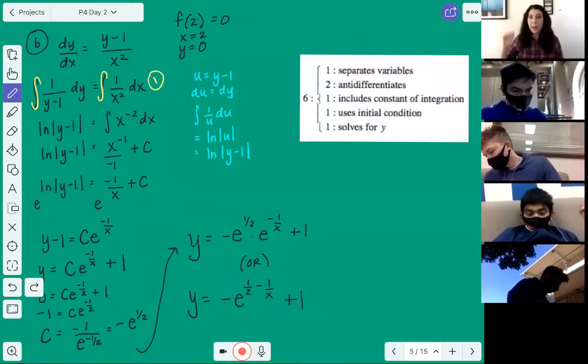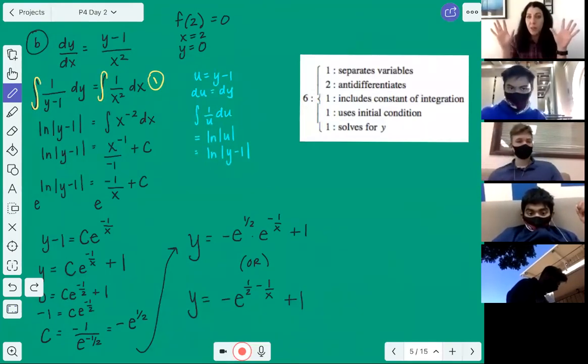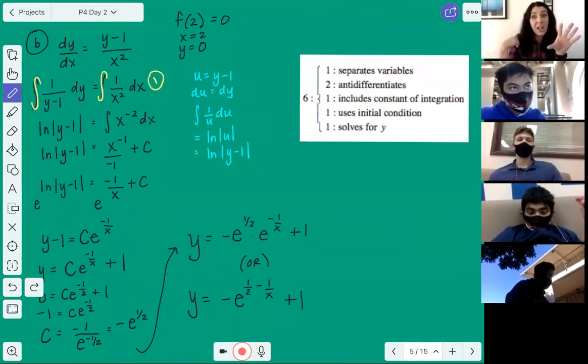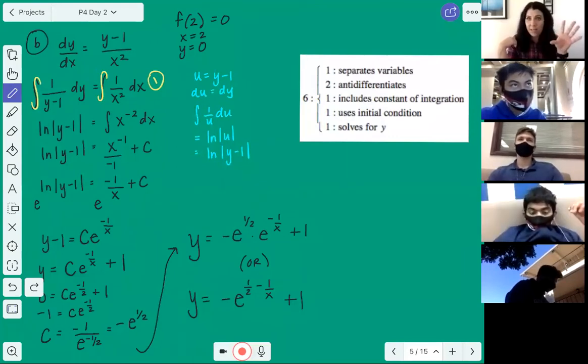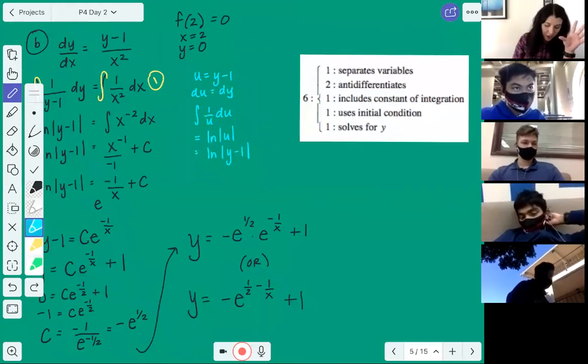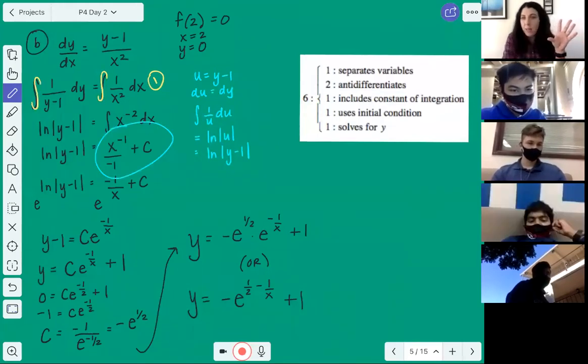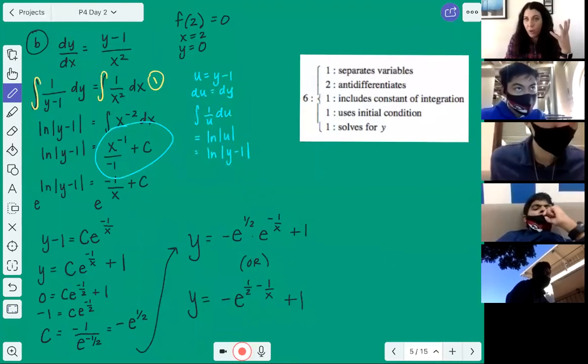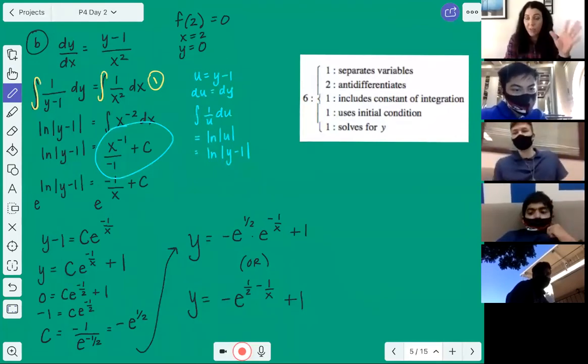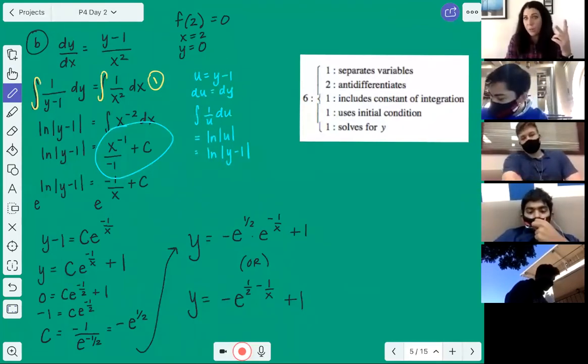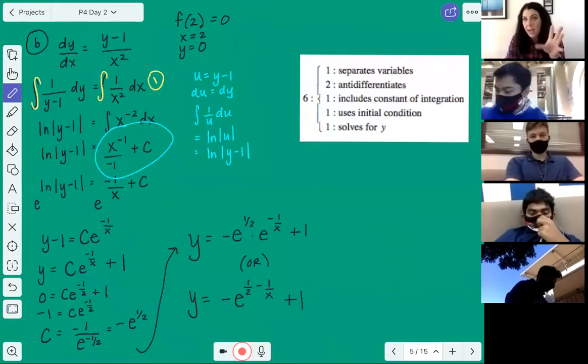1 point for separate and then 1 point for each antiderivative. If you forgot the absolute value on the left-hand side, you don't get that point. If you forgot the plus c on the right-hand side, or you've messed up that integral, which again is x to the negative 1 over negative 1, or the same as negative 1 over x, plus c, you cannot get that side, and then we stopped grading.